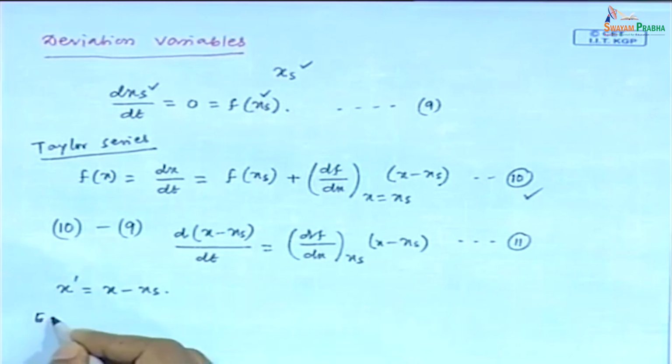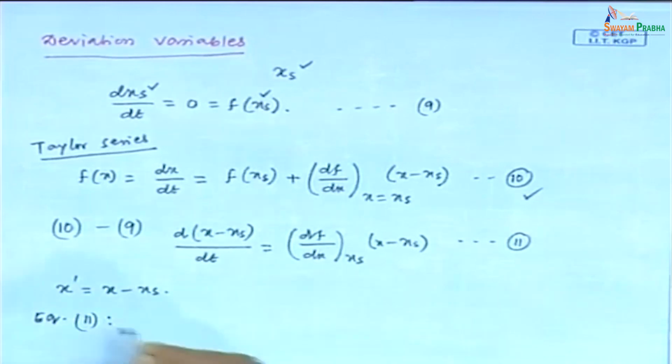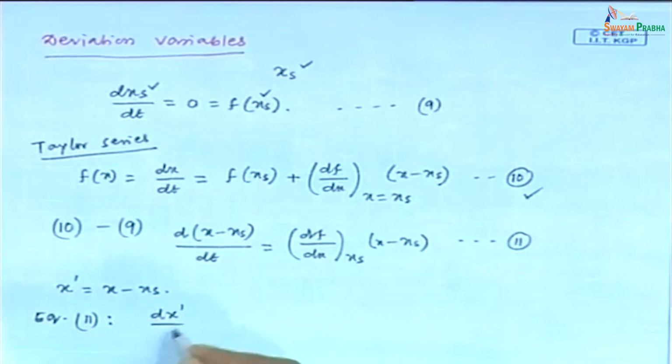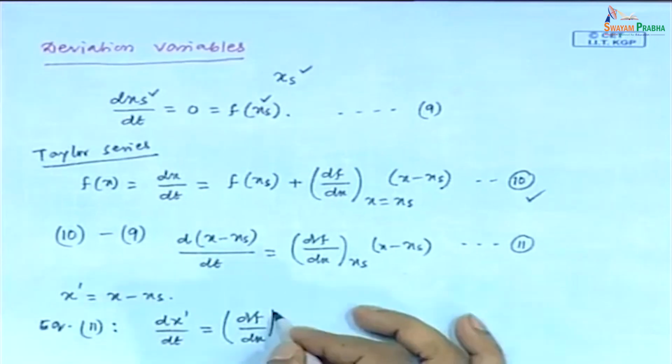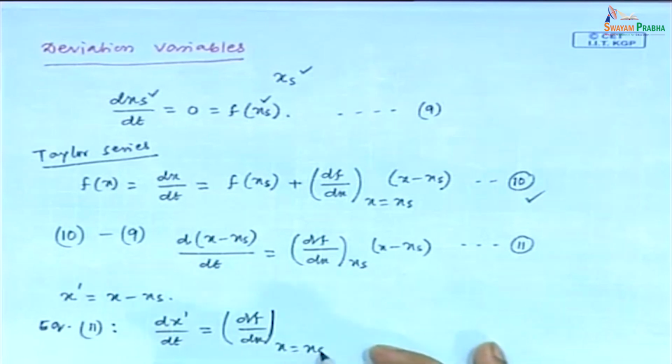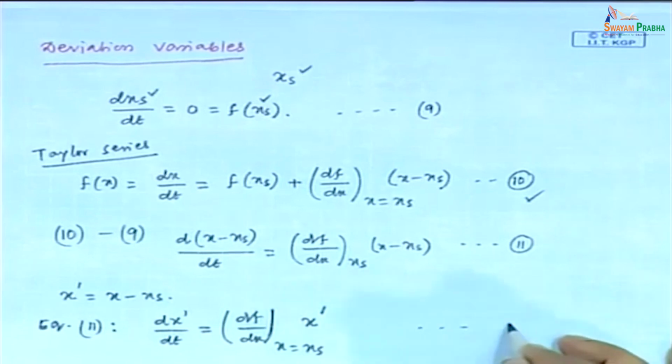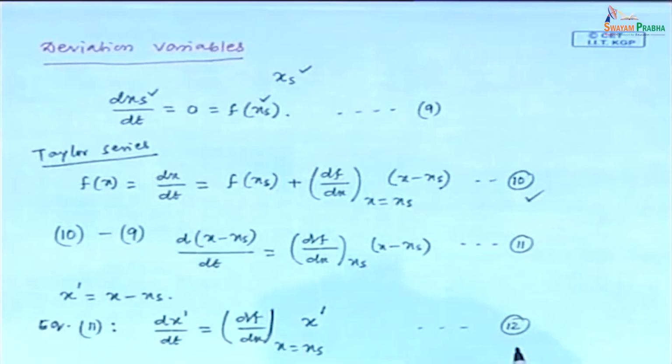Then equation 11 becomes dx prime dt equal to df dx at x equals xs times x prime. Simply we have substituted in place of x minus xs, x prime. Then we get equation 12.